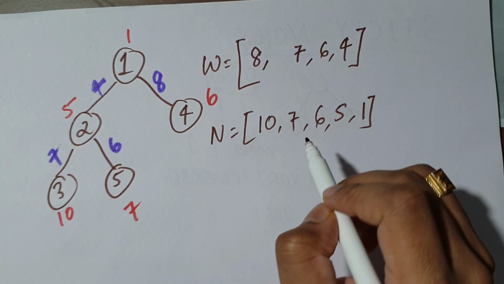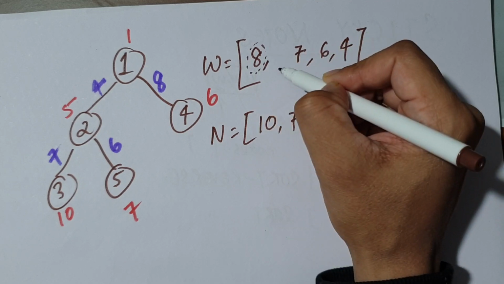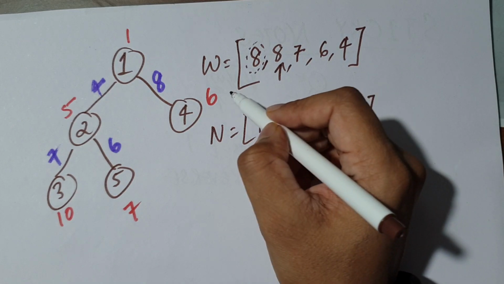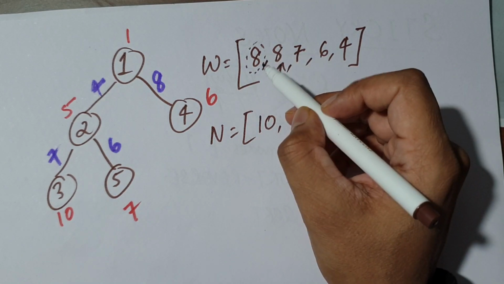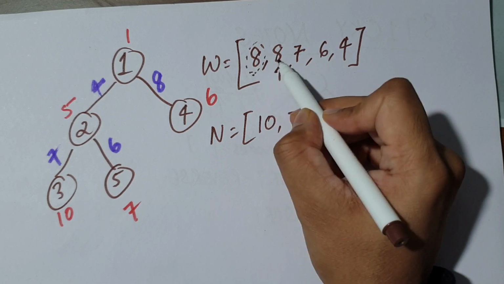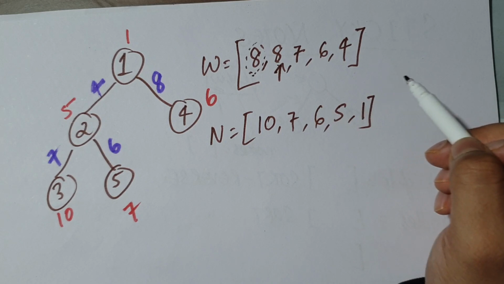Just one thing that you need to do is copy the first value in the weight list and insert it at the front. So we have the first element twice, just to match the number of nodes. You'll get in a minute why we are matching the number of nodes.